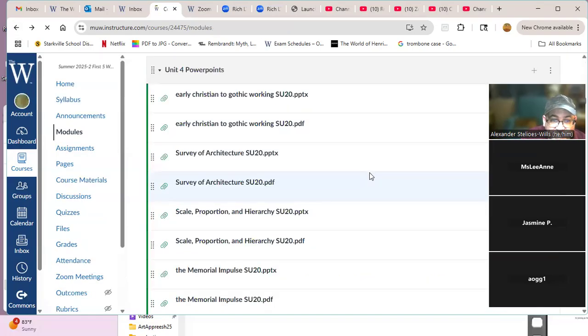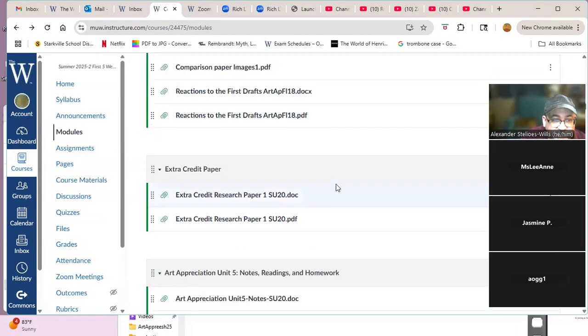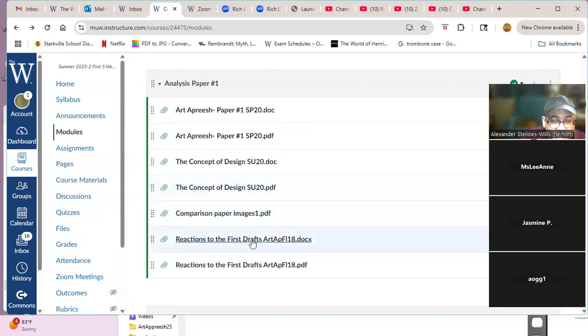And then lastly, under modules, the last document that you might find helpful is a document I made. After everyone turns in their first drafts, I will go through all the comments that I wrote for you individually.